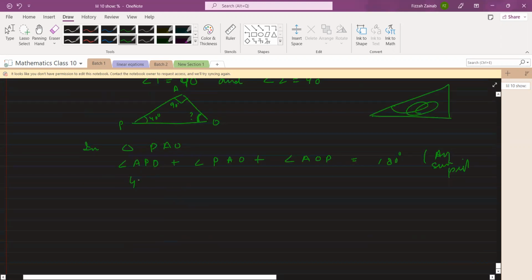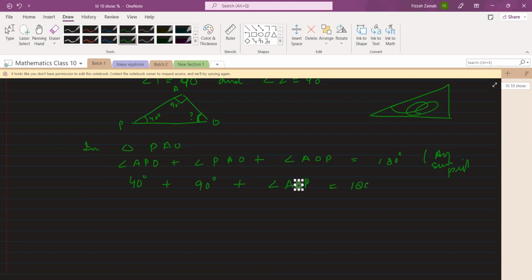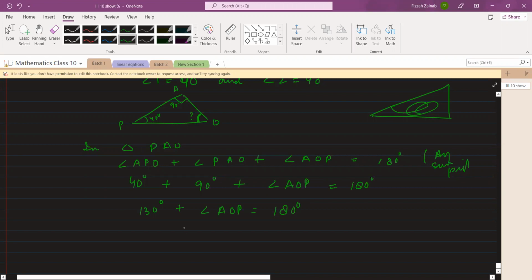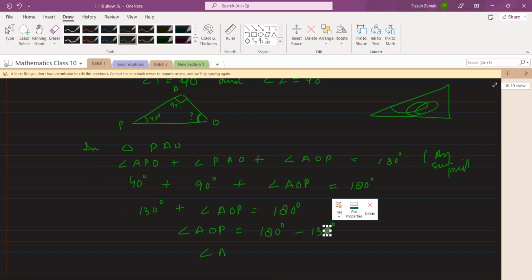So APO is 40 degrees, PAO is 90 degrees, plus angle AOP equals 180 degrees. So that means this is 130 degrees plus angle AOP. This is 180 degrees. So angle AOP is 180 degrees minus 130 degrees. So angle AOP is equal to 50 degrees.